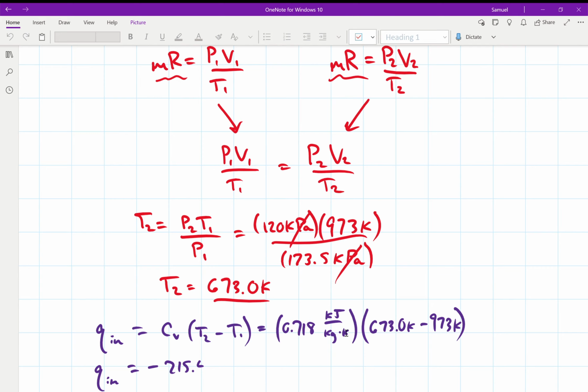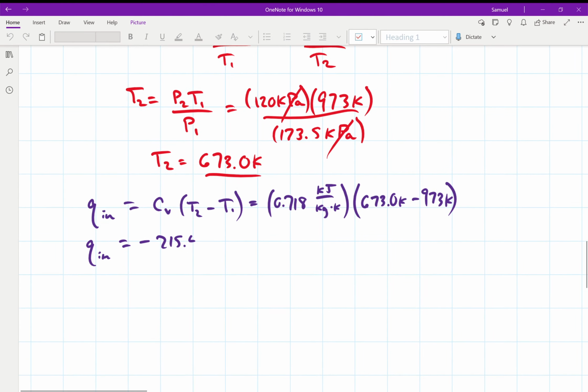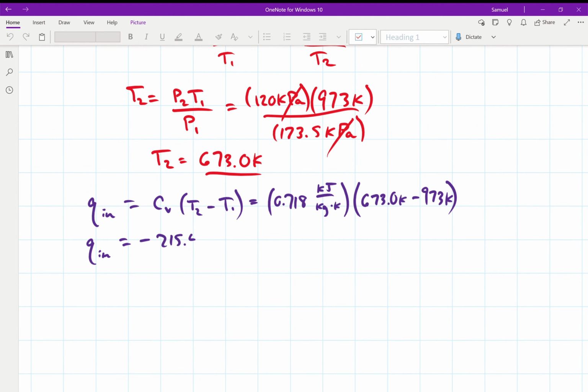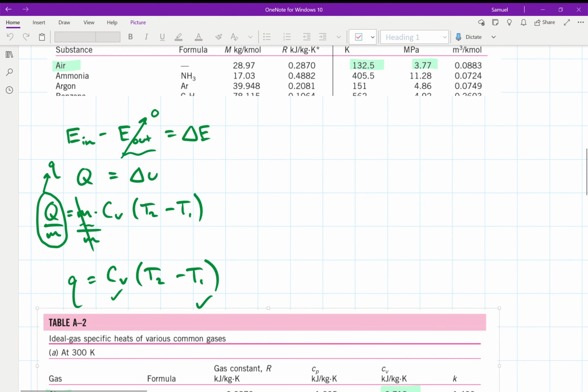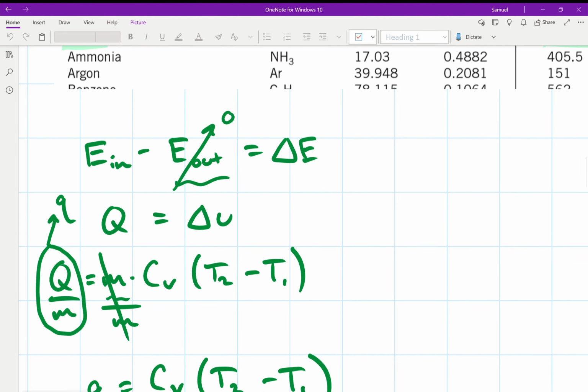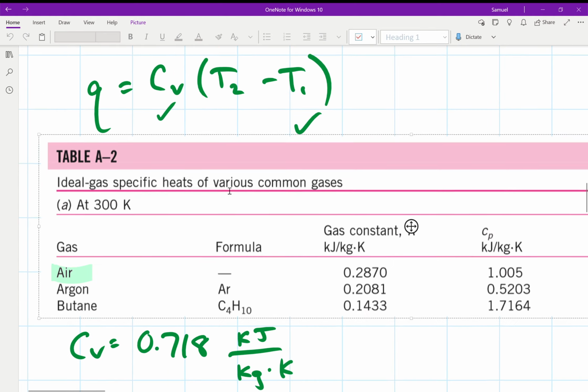And I just want to take a second to talk about the fact that this number came out negative. What the negative really means here is that if you go back to when we wrote the energy balance equation, when we said that the energy coming out was 0, we assumed that this energy was coming in. When we see a negative as the energy coming in, what we're really saying is that the energy is going out.